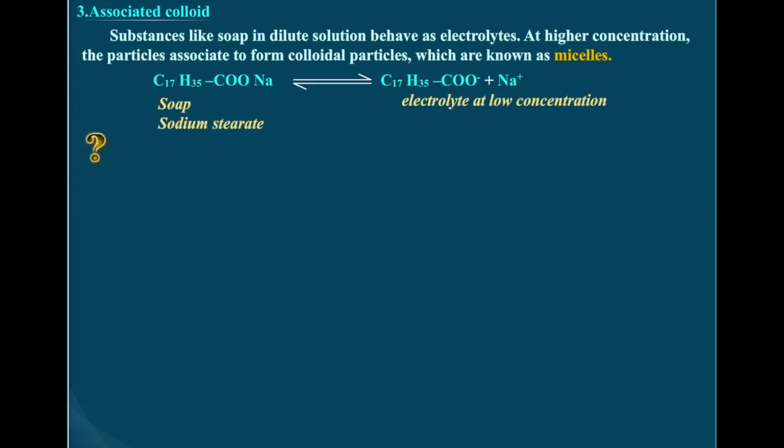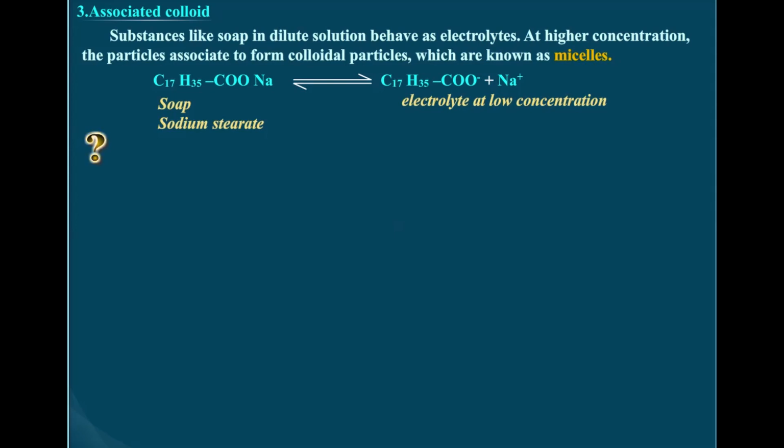The mechanism of micelle formation. We have learned that in the 10th standard also. An example here shown is sodium stearate soap, C17H35COONa, which dissociates into C17H35COO- and Na+. So these are the two ions, cation and the anion.